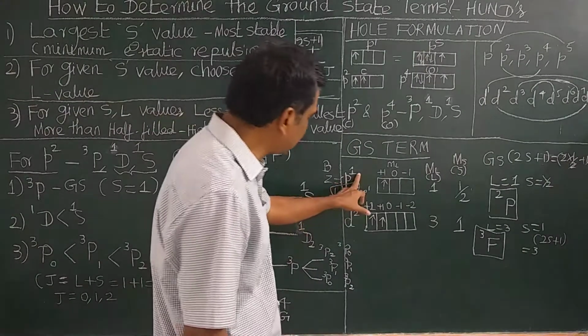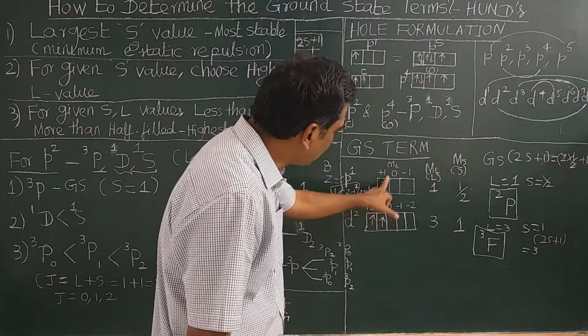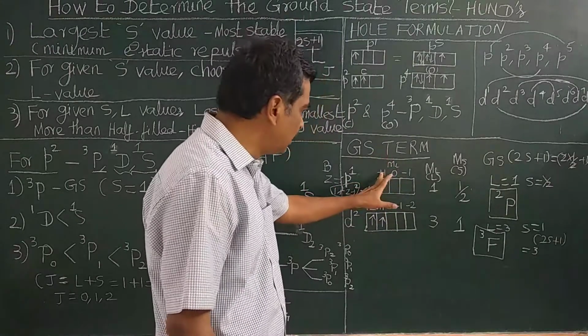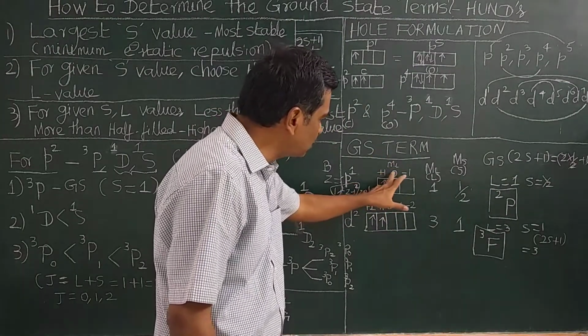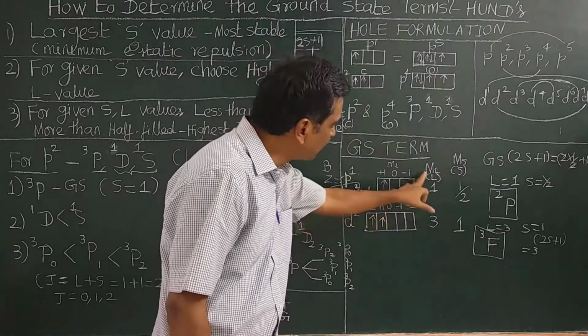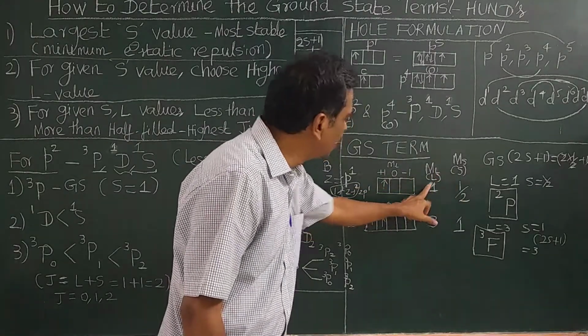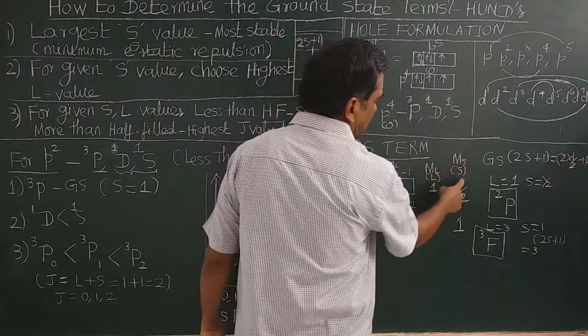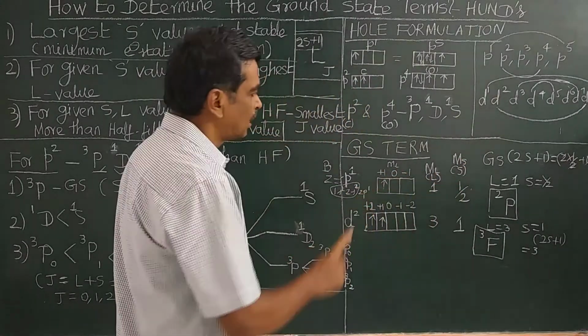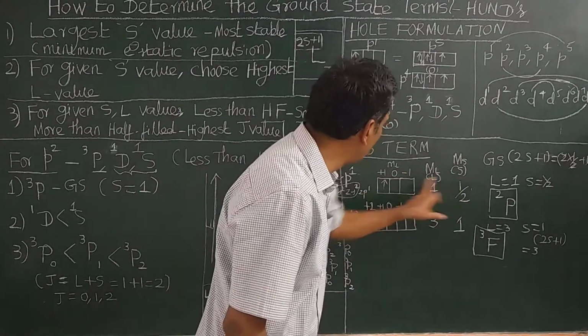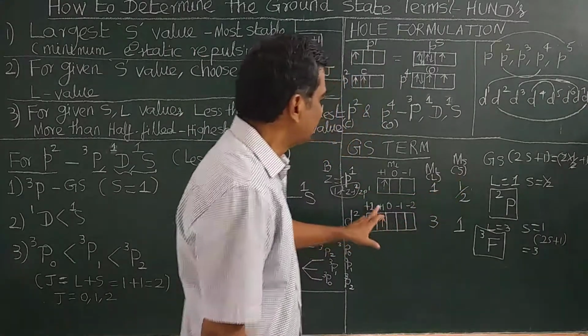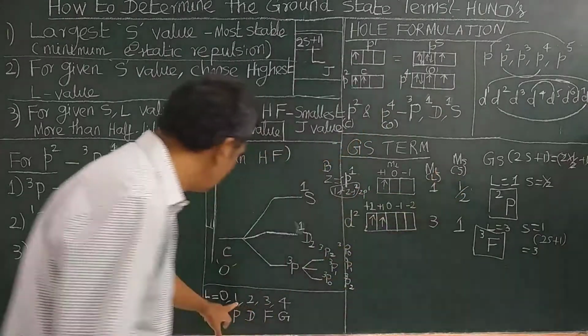Therefore, let us take P1, one electron with up spin. Therefore ml values are plus 1, 0, minus 1. Total ml is only 1 electron, therefore 1. And ms, only 1 electron, therefore ms value is 1 by 2.